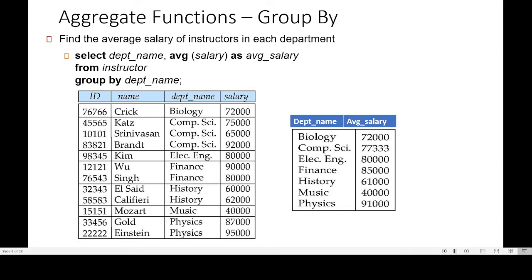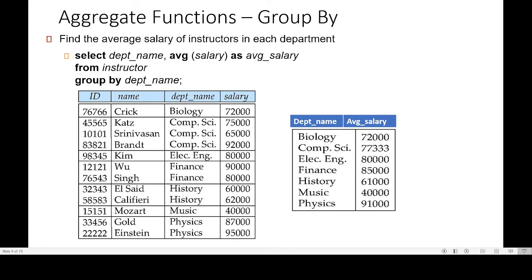We are supposed to find the average salary of instructors, so we take the average of salary and rename it as average salary, from instructor, where instructor is the table name. Then group by department name.